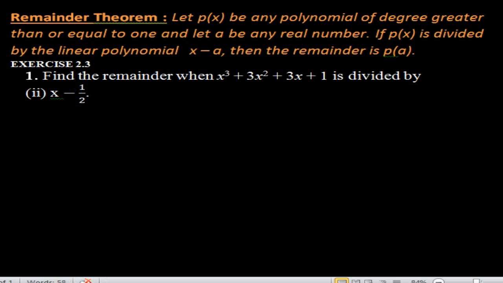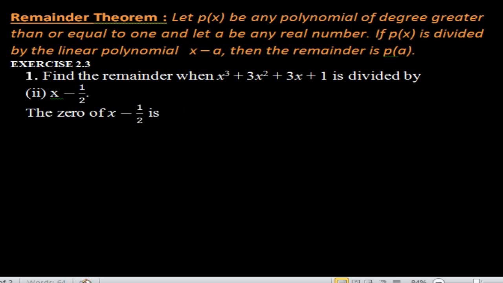So we have to find only the remainder, so I am going to use the remainder theorem here. What will be the 0 of the divisor here? The 0 of x minus 1 by 2 is 1 by 2.